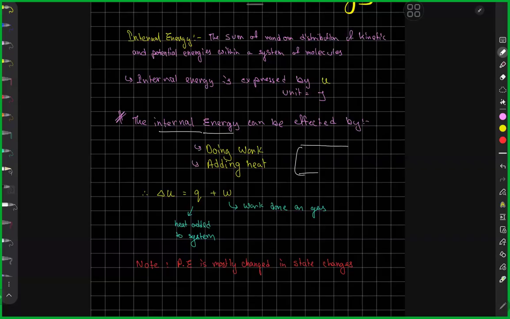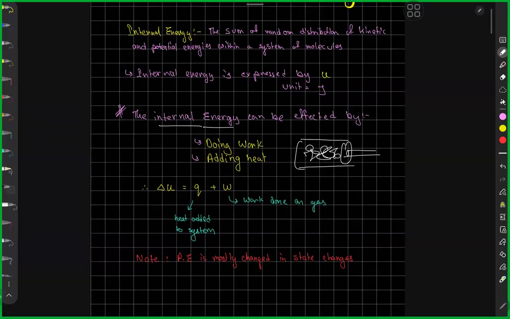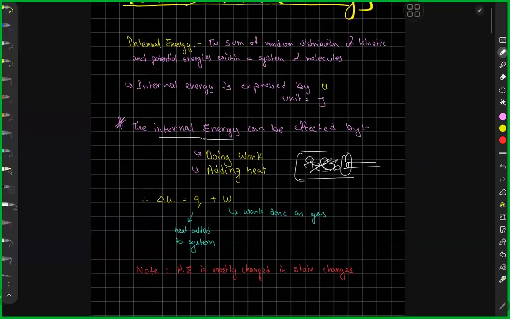If I have a piston over here with gas inside, and I do some work on the gas and decrease the volume, that is one way to increase the internal energy of the particles. Clear?